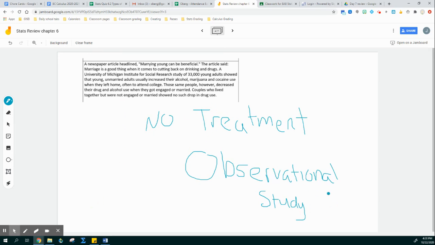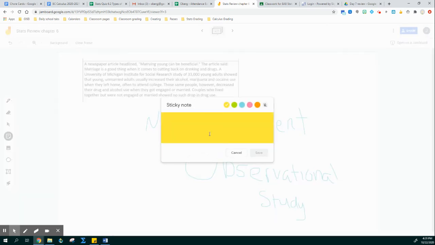If this is an observational study, I can make no cause and effect relationships. I cannot, I repeat, not say that, so we cannot make any cause and effect relationships.